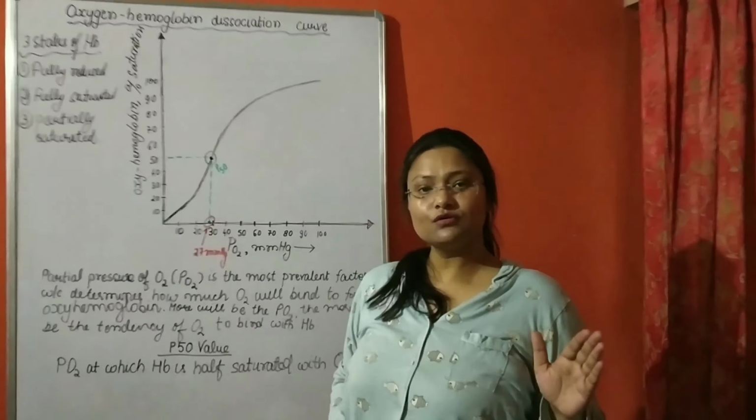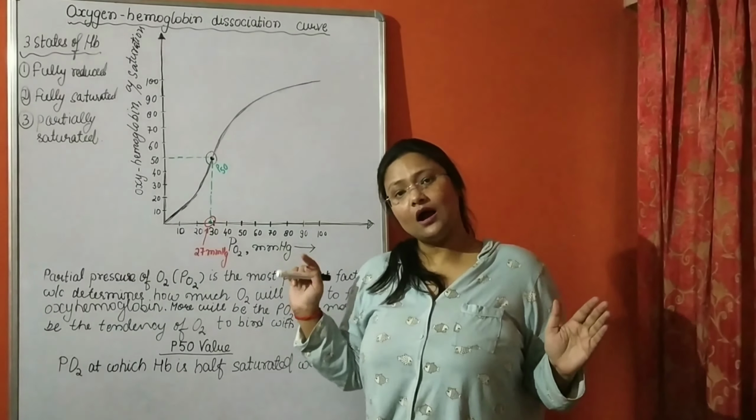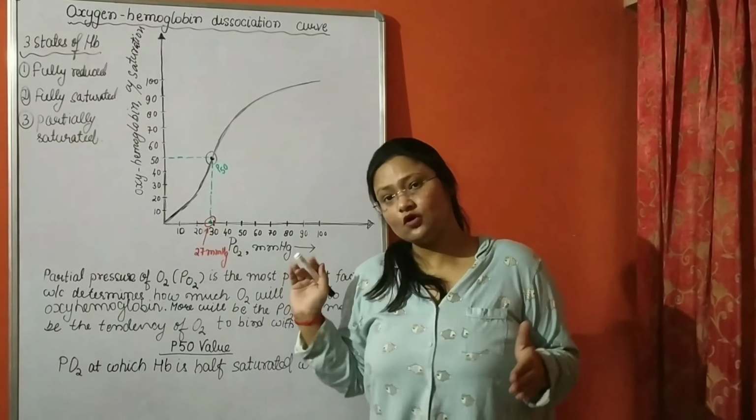Fully saturated with O2 means fully oxidized: when oxygen is bound to all four heme groups of hemoglobin, the hemoglobin is known as fully saturated. The third is partially saturated, which means oxygen is bound at some of the heme groups of hemoglobin.